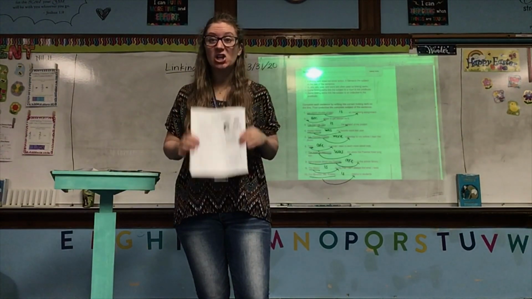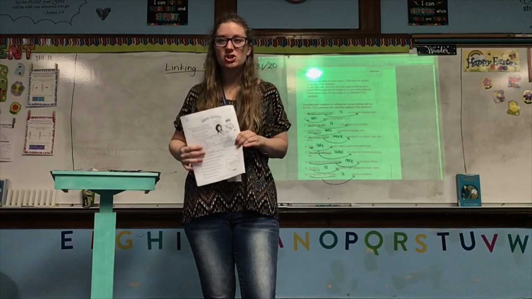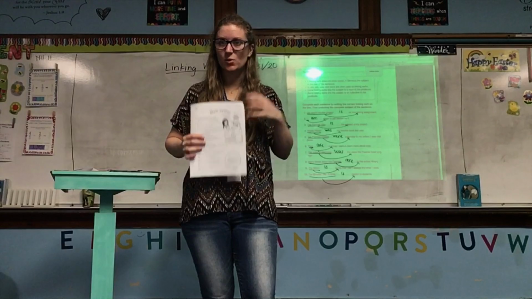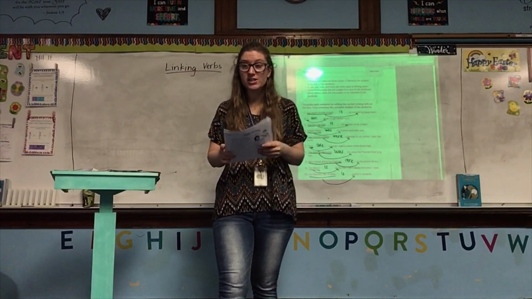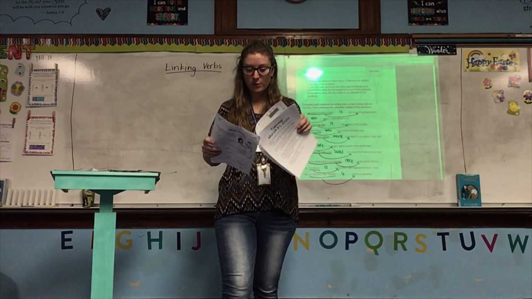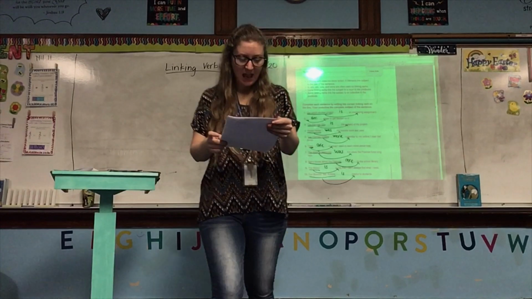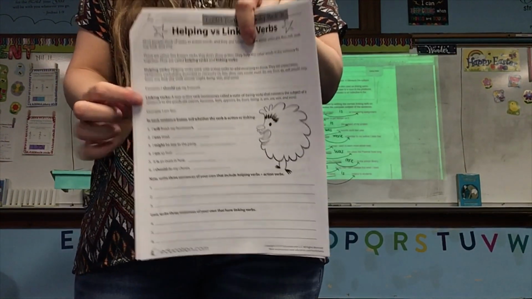Okay, so pay close attention. Is it an action? Is it something that you could do? Or is it showing what someone is or something like that? Look at that list on your anchor chart. Also, look at the list in your notes of different words that can be linking verbs. And then look at the list here on the guided practice.